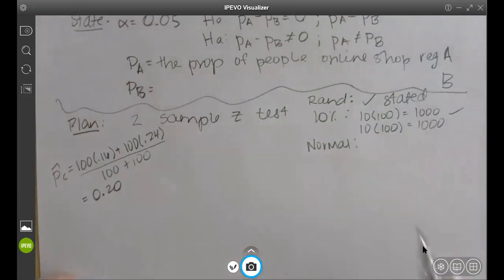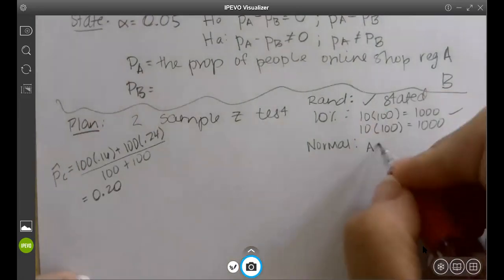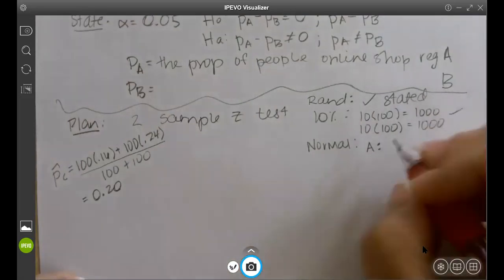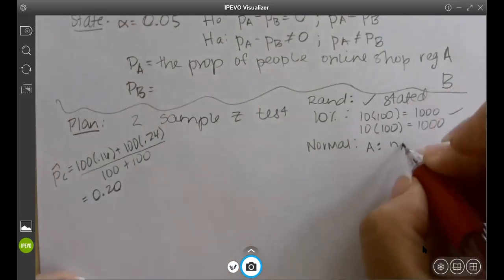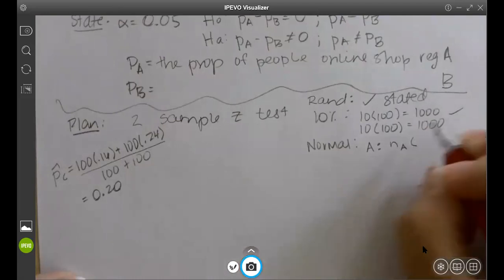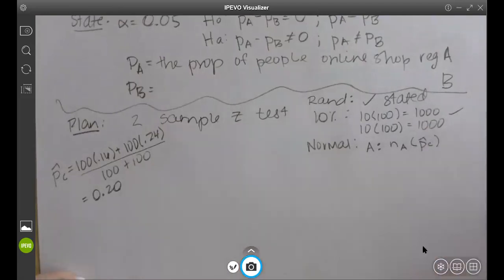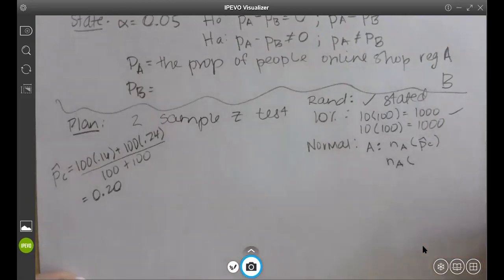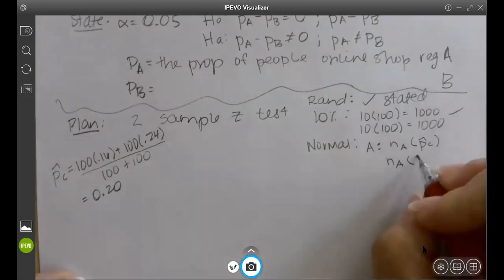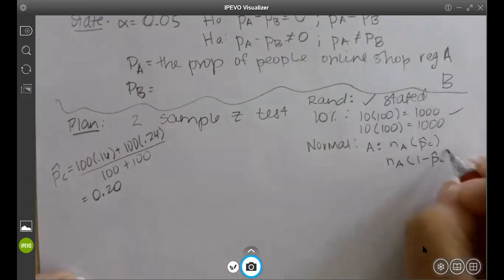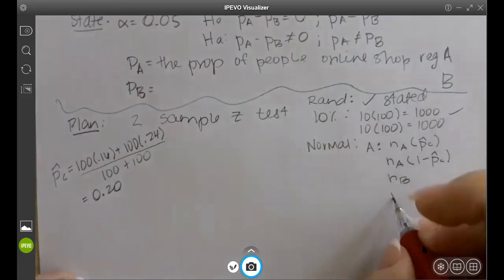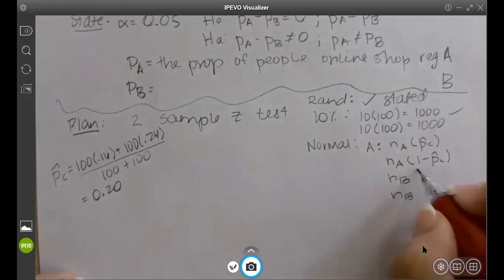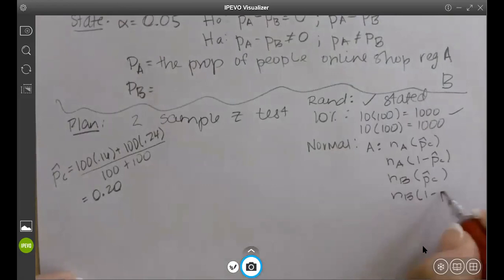So to check your normal condition, if we're doing Region A, we're doing the sample size of A times your p hat combined. Again, your sample size A times 1 minus p hat combined. You'll do the same thing for B. And remember, they're both the same sample size, so you're going to get the exact same answers for these.